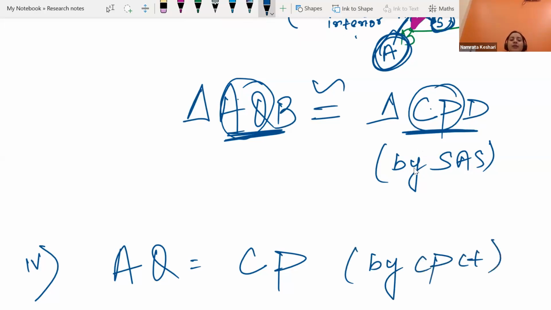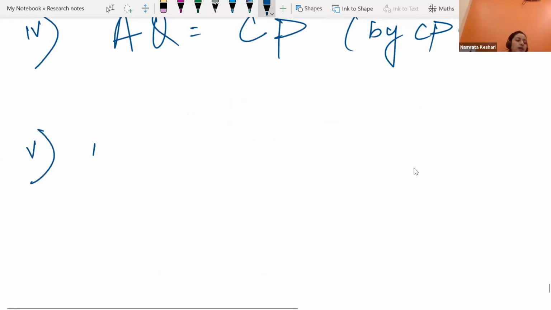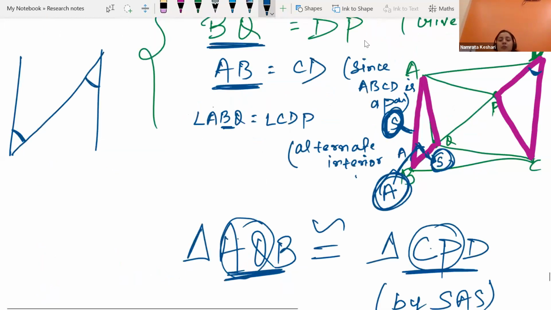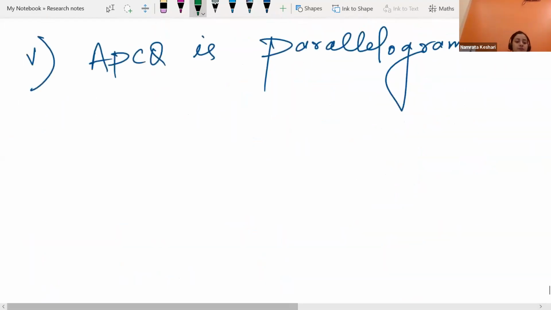Now, part 5 we will be discussing: show that APCQ is a parallelogram. Again I am drawing the same figure over here.